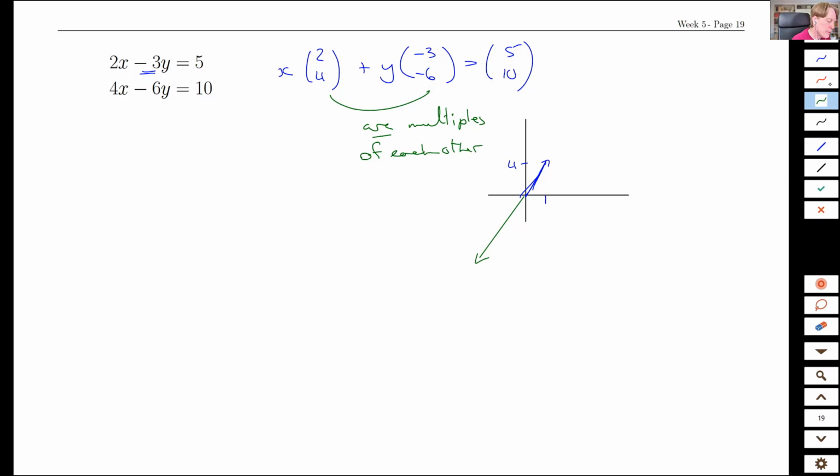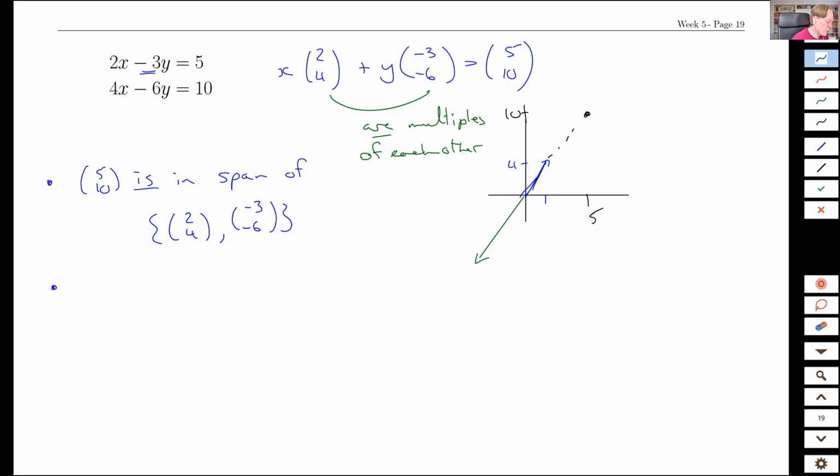And then, hey, if we draw 5, 10, the point 5, 10 has that same 1:2 ratio. So 5, 10 is in that span. 5, 10 is in the span of 2, 4 and negative 3, negative 6. That's our one feature. So right away, there is at least one solution.